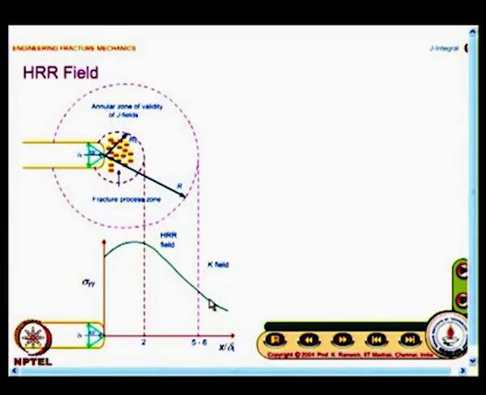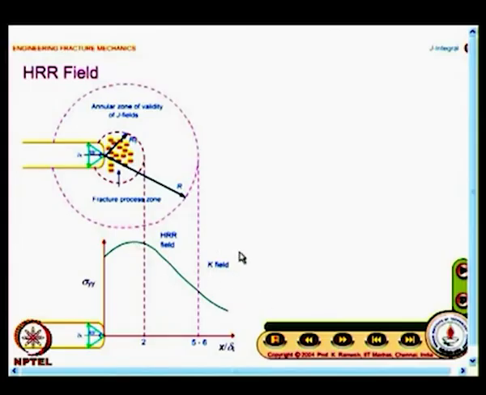If you look at the mathematical expression for the HRR field, it also predicts only infinite stresses at the crack tip, but what is shown here is, because of blunting, a typical variation of sigma yy, and sigma y reaches a peak value at a small distance away from the crack tip.